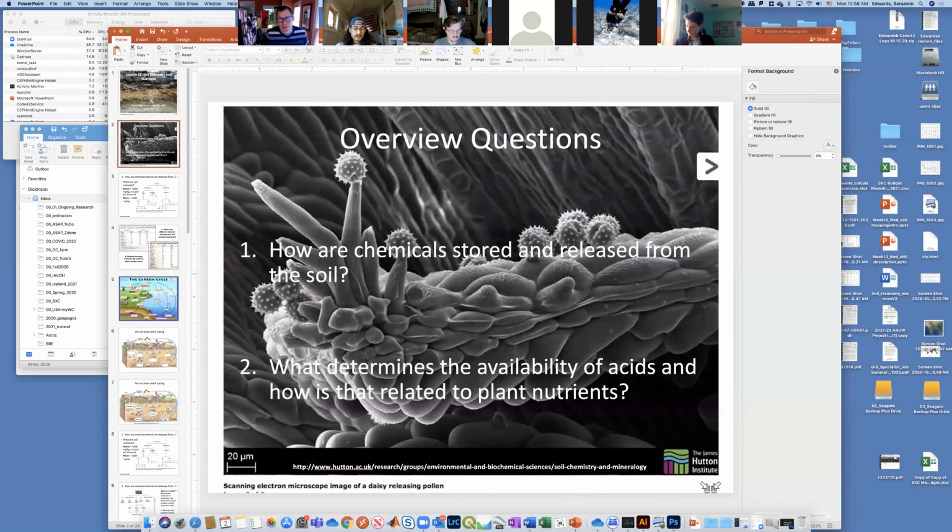We're going to look at two basic questions: how are chemicals stored and released from the soil, and what determines the availability of acids in the soil, because it turns out that soil pH is really important for the overall chemistry of the soil. In a natural ecosystem or a managed ecosystem, knowing the pH of the soil is important, because that controls to a large degree how available certain nutrients are for biological activity. So we'll do a review of that as well.